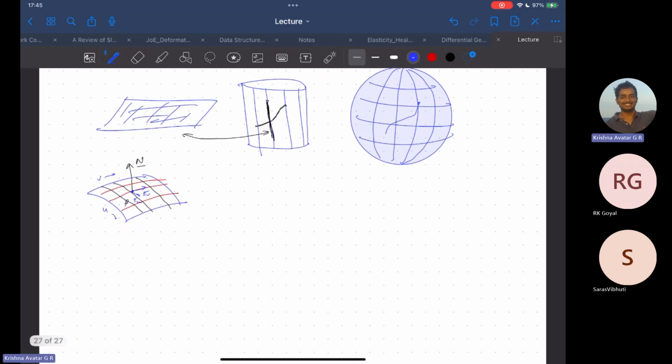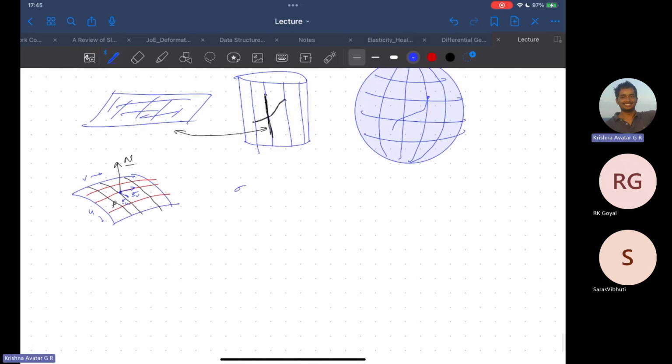So what we have known is we have the basis vectors sigma u and sigma v, and then we define something called the normal to the surface at a point P vector.